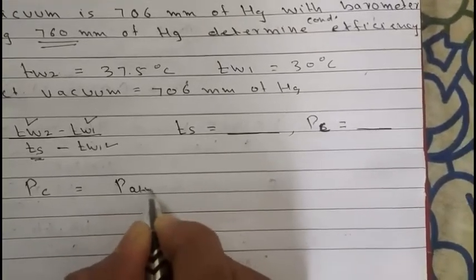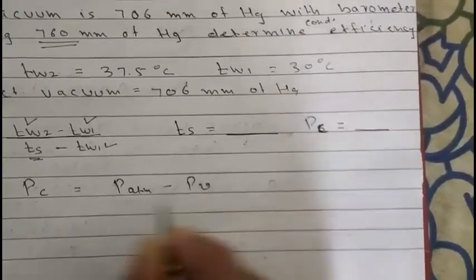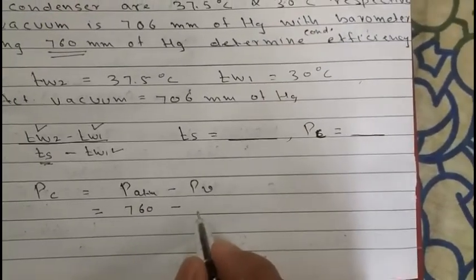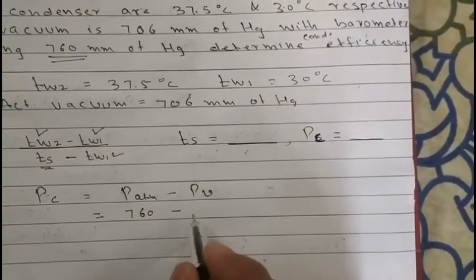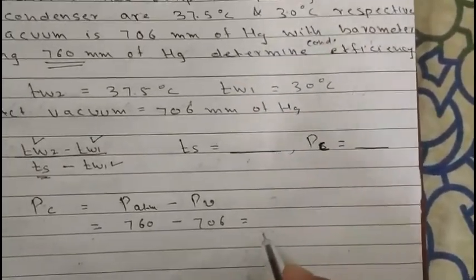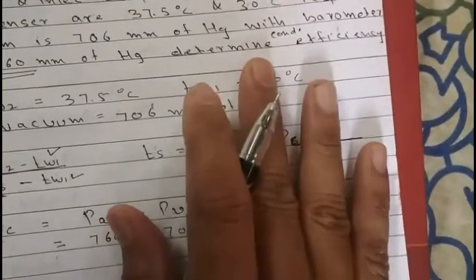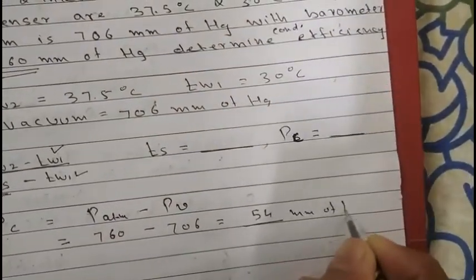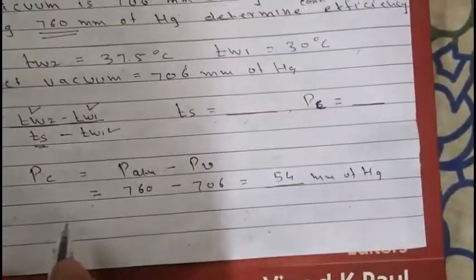The absolute pressure inside the condenser is atmospheric pressure minus vacuum gauge pressure. The atmospheric pressure is given as 760 mm of Hg, and the vacuum pressure is given as 706. So this comes out to be 54 mm of Hg. We will convert this into bar.